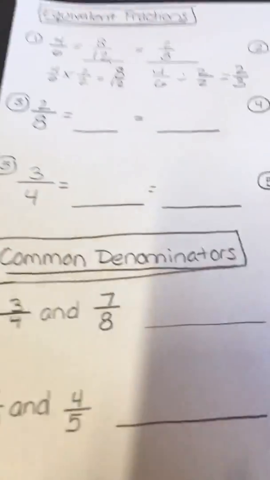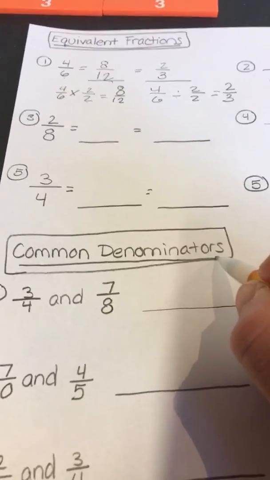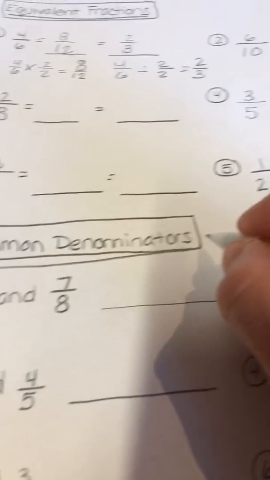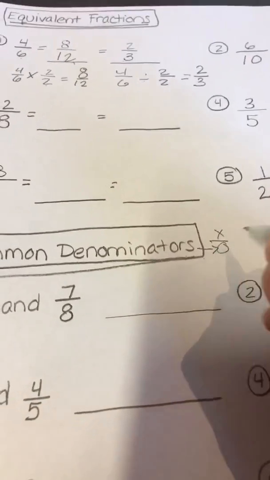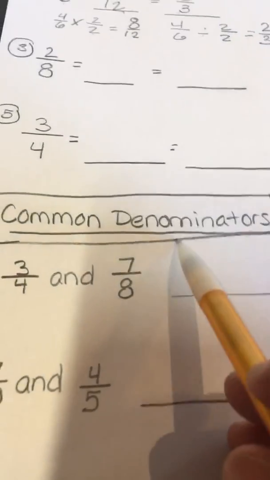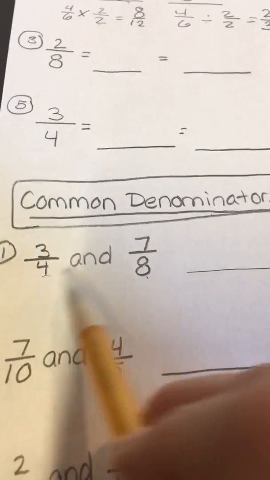Now here for common denominators, we're going to jump down. Remember the denominator is your bottom number. The numerator is on the top, the denominator is on the bottom. So we want a common denominator. That means we want a number that is the same on the bottom.